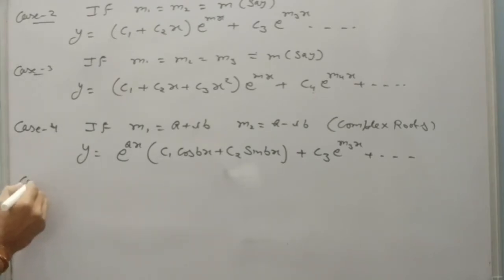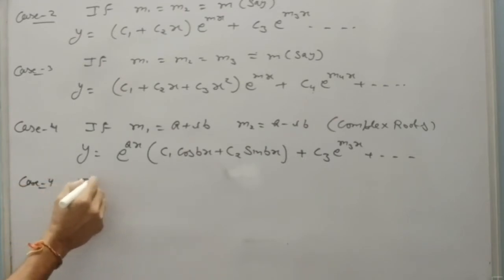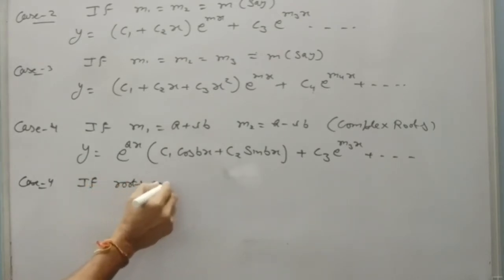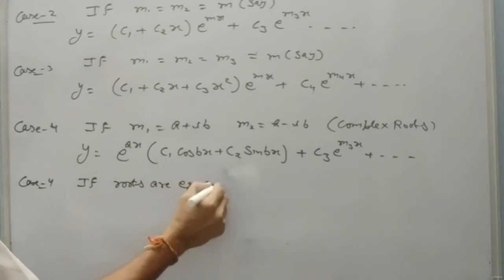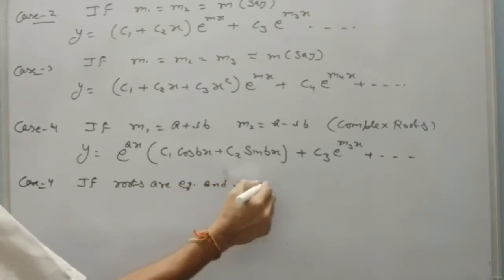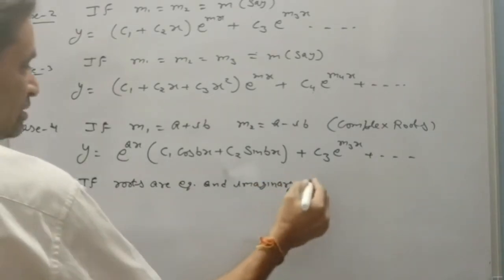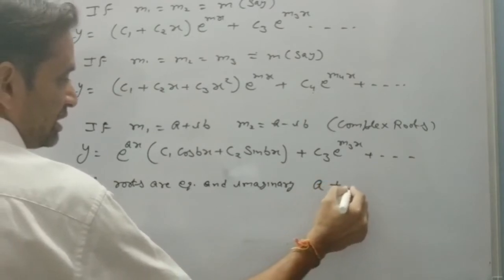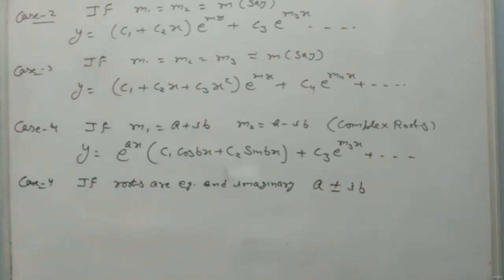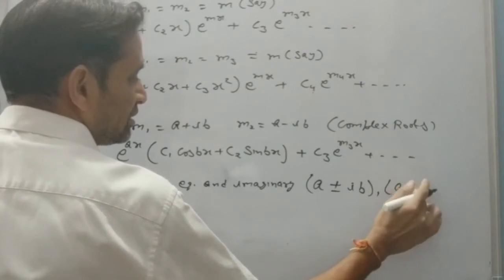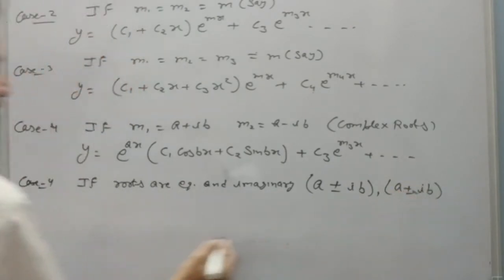Case number 5 is also there. If the roots are equal and imaginary, I mean to say the roots are a ± ib, and again there is another pair of roots a ± ib, then what will happen?